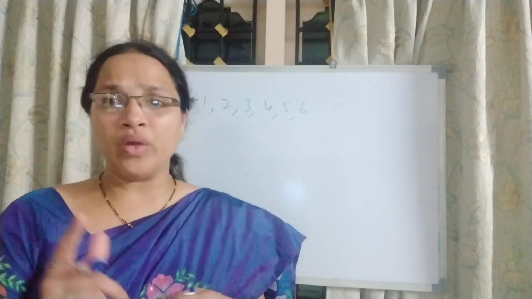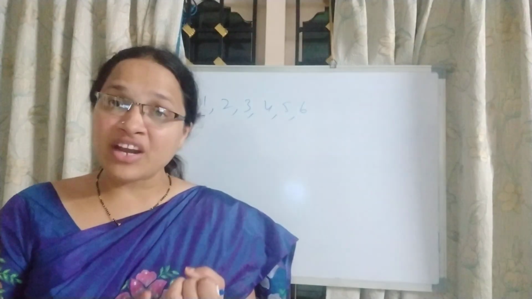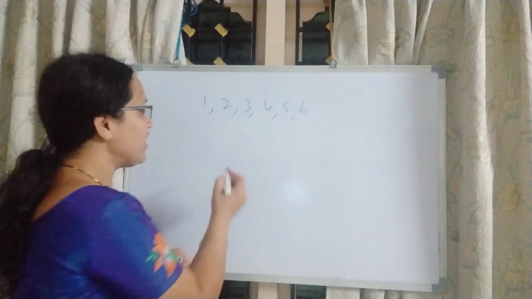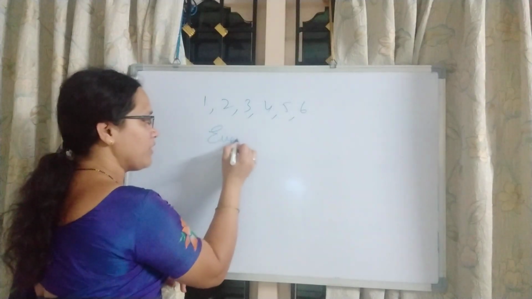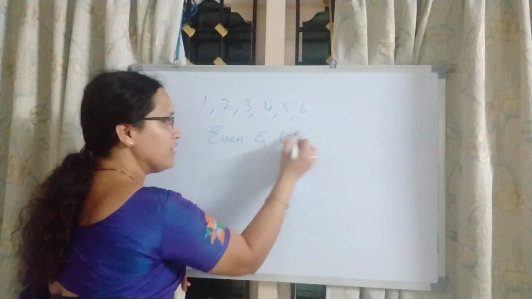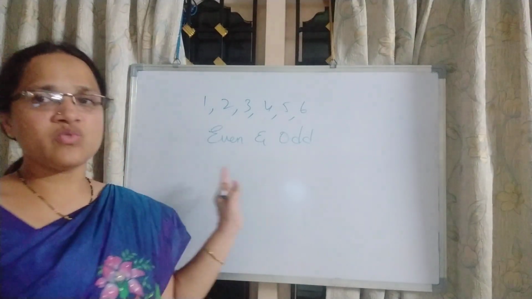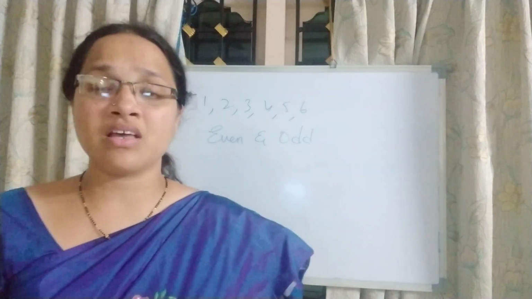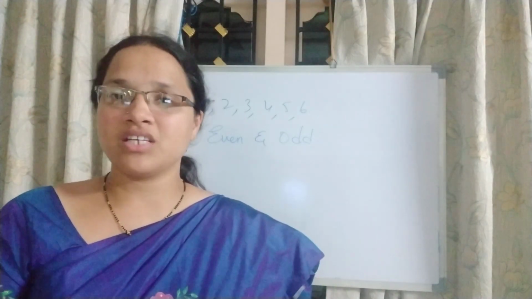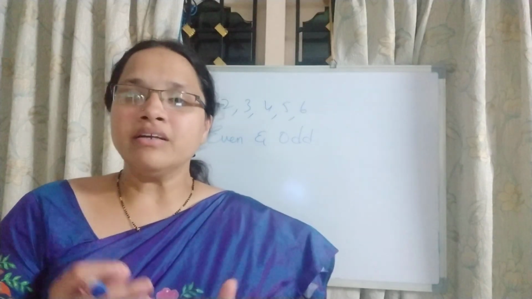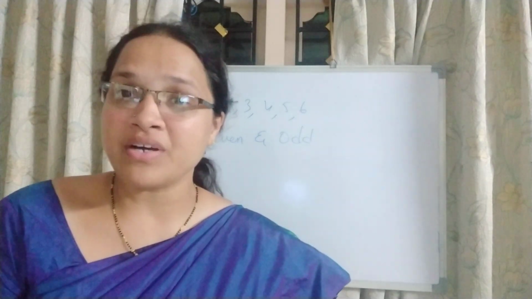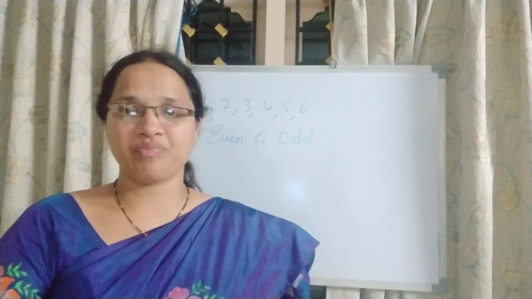We have learned even and odd right from the first class actually, in the initial classes. But after that, slowly we entered into a different section of types called prime numbers and composite numbers.